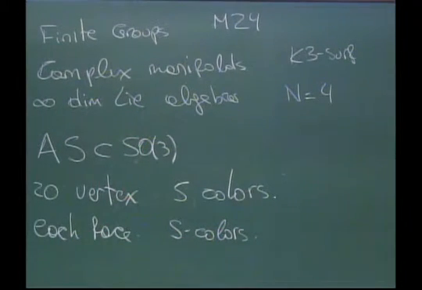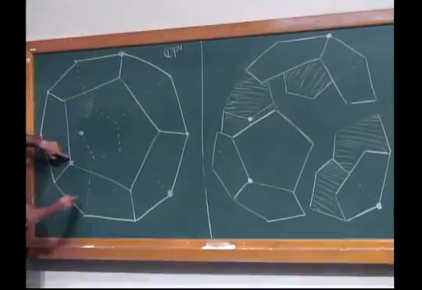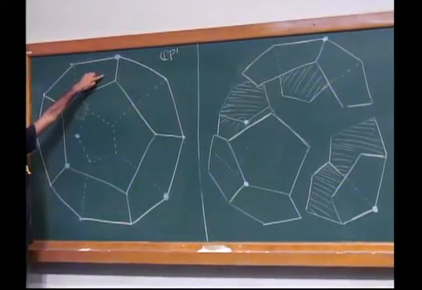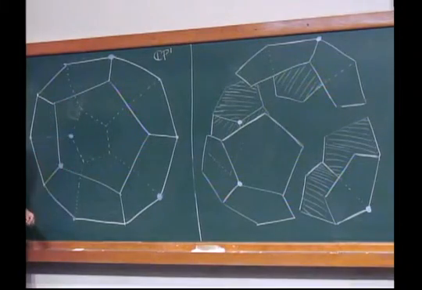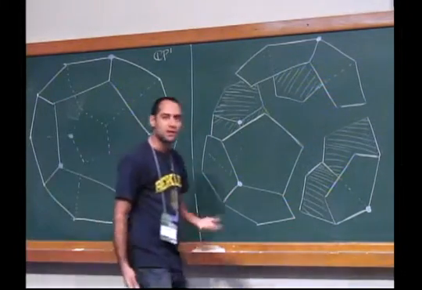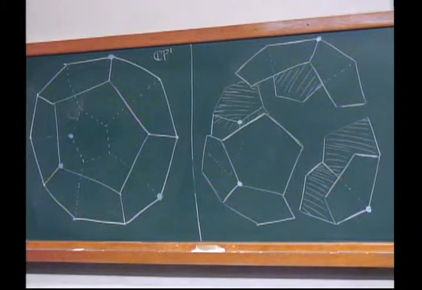So here there's one coloring. I marked the 4 blue vertices, and you get the other ones by rotating this. There's essentially 2 different ways of coloring the dodecahedron that way. Either one would do.